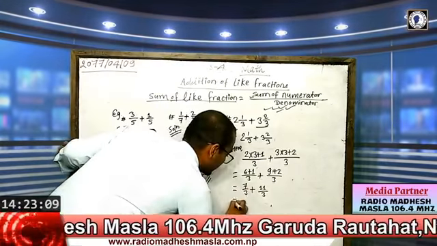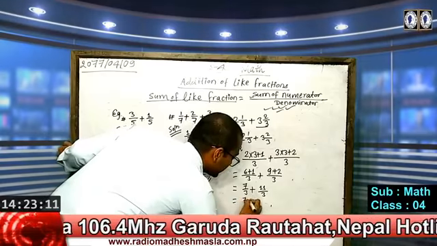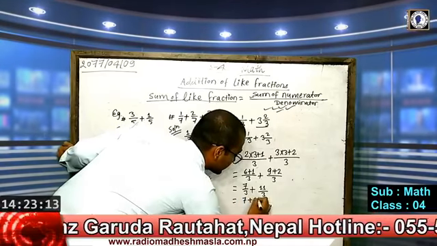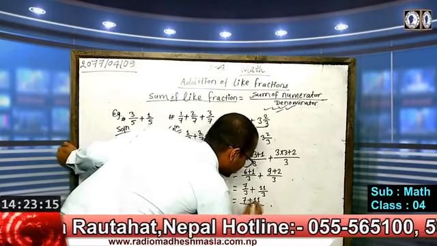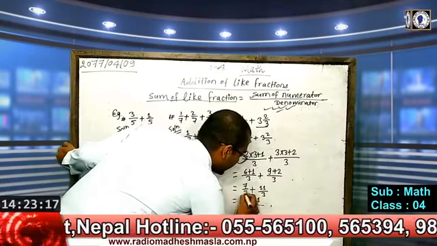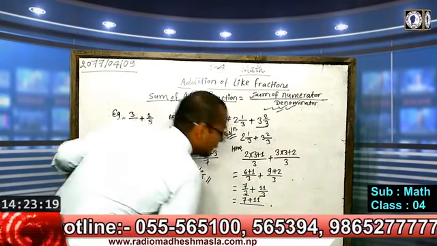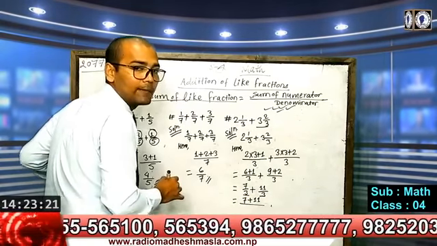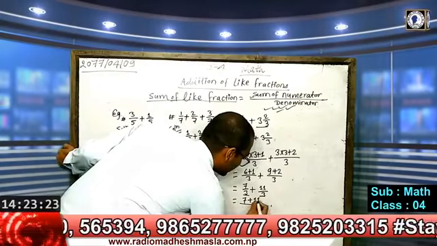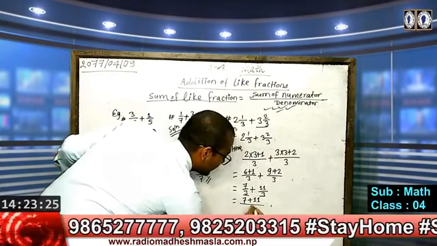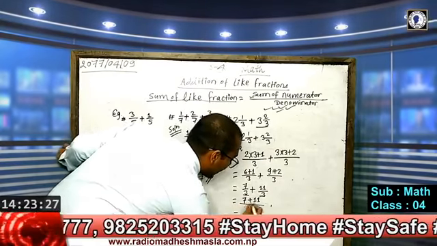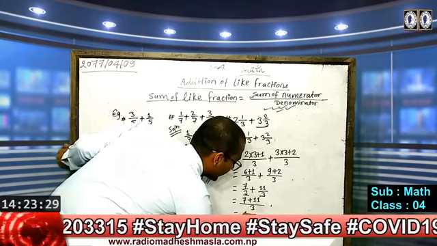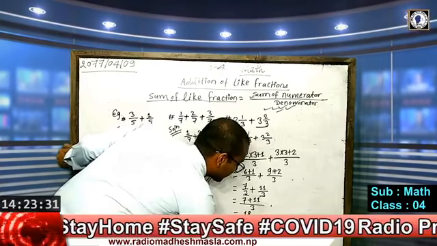We find the sum of the numerators, and both have the same denominator 3, so we write the denominator once. So 7 plus 11 is equal to 18 by 3, students.